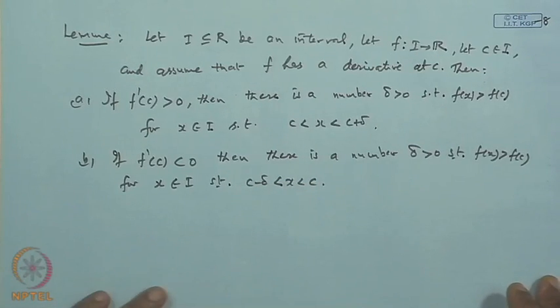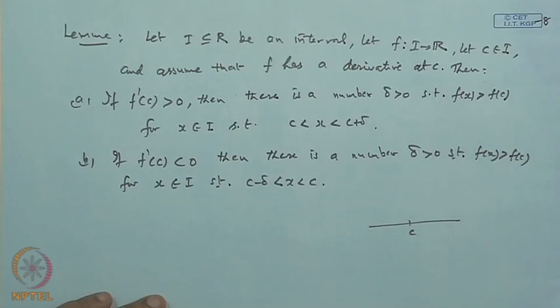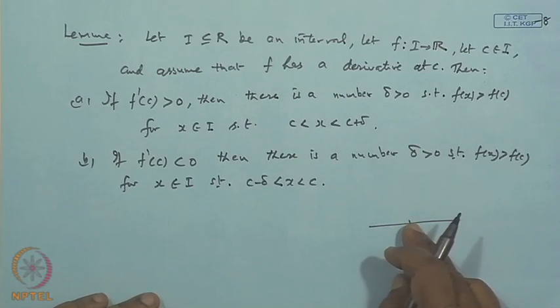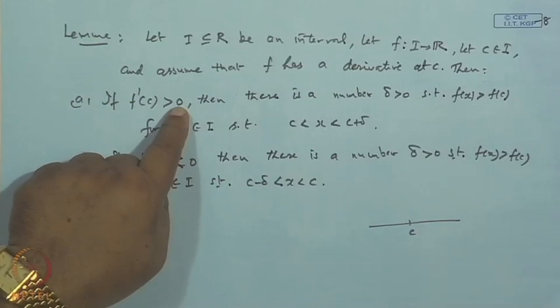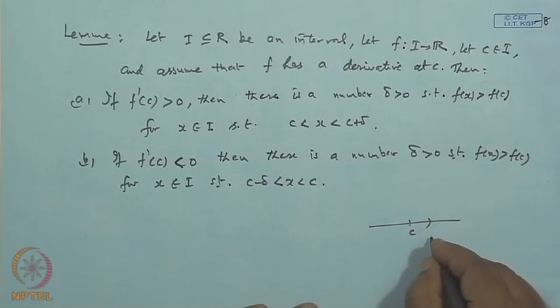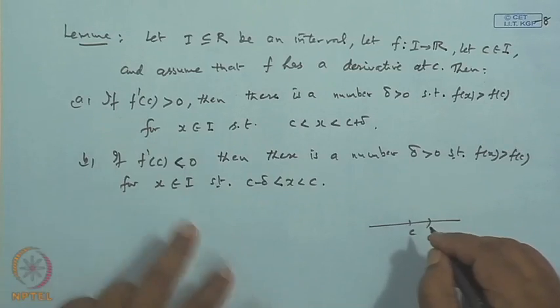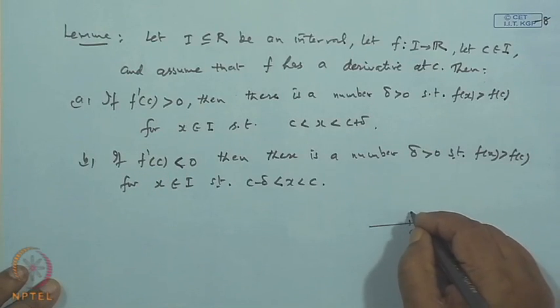So, what it says is, suppose f is a function, I is an interval, c is a point belonging to this interval, and the function has a derivative at this point. Now, if the derivative is strictly greater than 0, then we can always find a right hand side neighborhood of c where the function f of x will always be greater than the value at the point c.